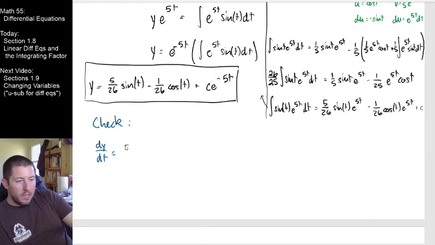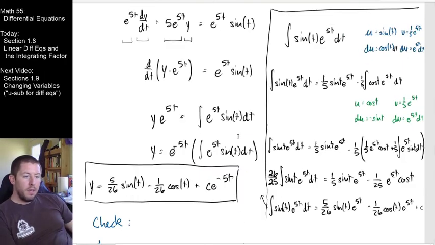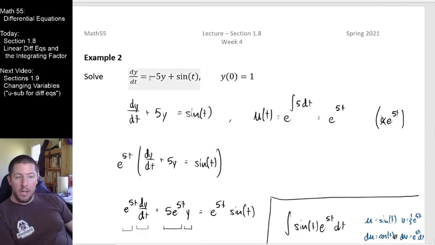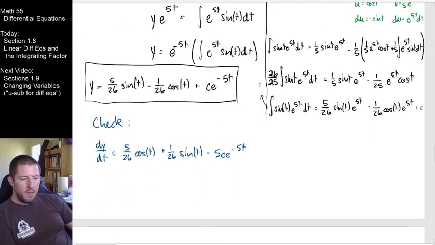Here my dy dt is going to be 5/26 cosine t plus 1/26 sine t, and we're getting minus 5c e to the negative 5t. The claim is that that was equal to negative 5y plus sine t.